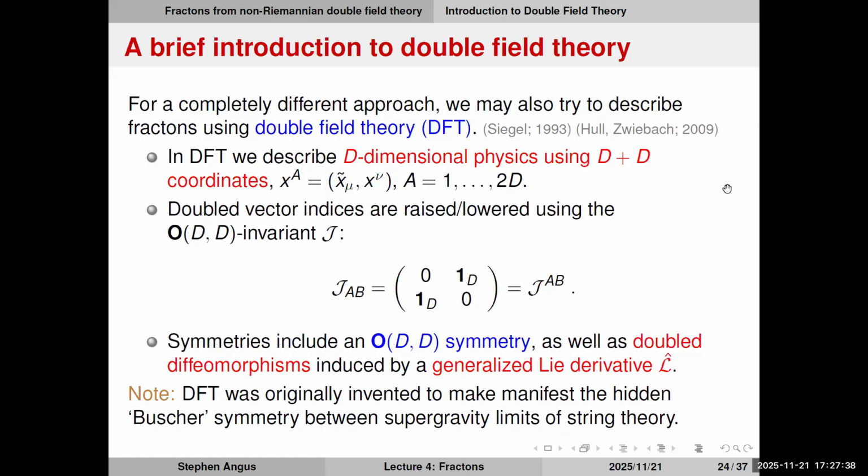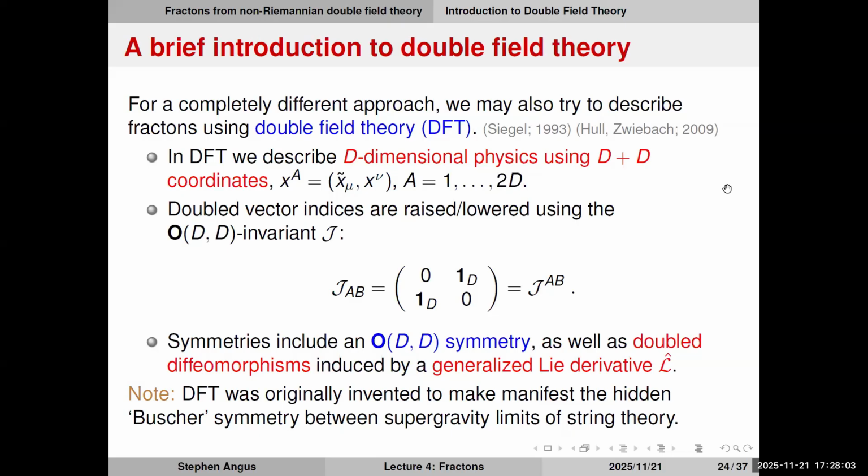When we do this construction, we want to have various symmetries, in particular an O(D,D) symmetry, which is a crucial element of double field theory, although it's not so important for this talk, but it's there. And we have double diffeomorphisms induced by a generalized Lie derivative on this double space.